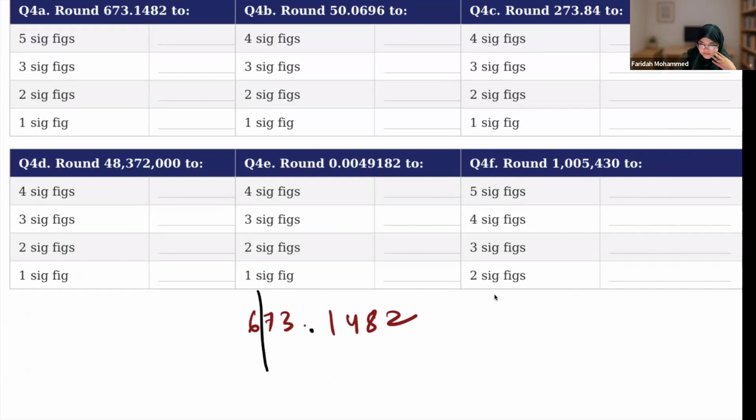Between 6 and 7, right? Yeah. And then you look at the next value, it's 5 and above. So the 6 becomes 7.